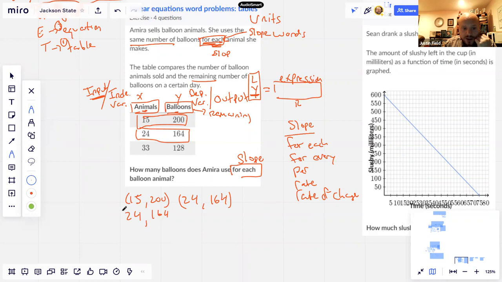It's even easier to see. So you know that slope is y2 minus y1 over x2 minus x1, right? So y2 minus y1, that's 164 minus 200. What is that? That is 36. Subtracting, negative 36.